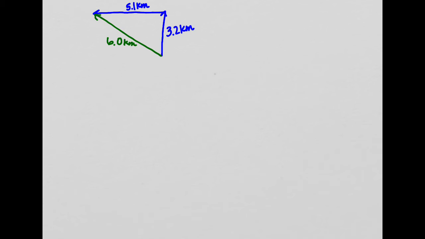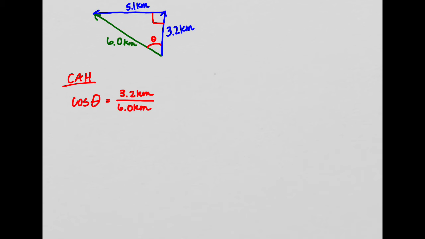So I'm going to use CAH, which is cosine of theta, which in this case, theta is, there's our 90 degree. This is theta right here. So the cosine of theta is equal to the adjacent, which in this case is 3.2 kilometers, divided by the hypotenuse, which is 6.0 kilometers.